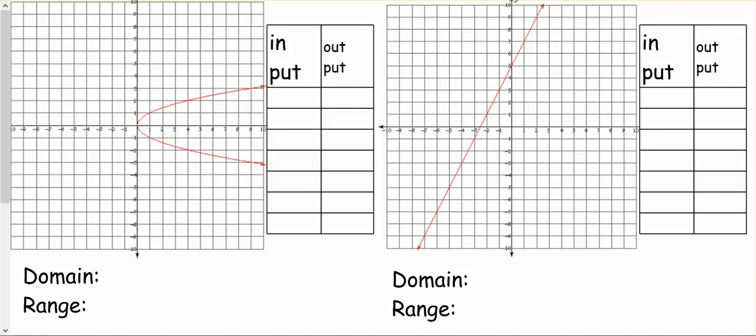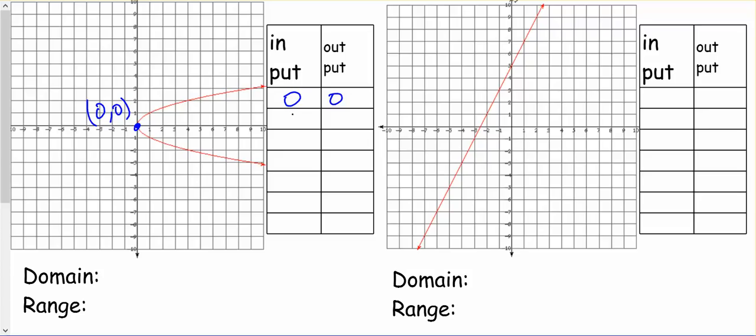Now, inputs and outputs, we can also look at as charts. And so what we could say is, for an input of 0, I get an output of 0. That's the point 0, 0. That's also called the origin.